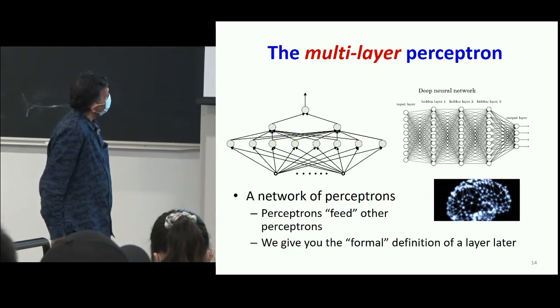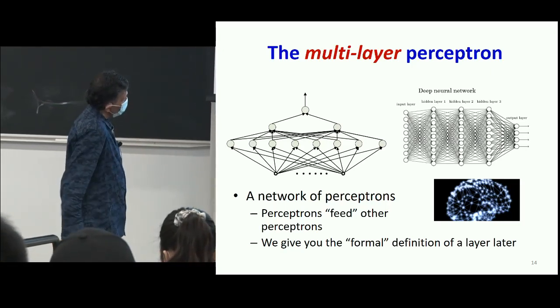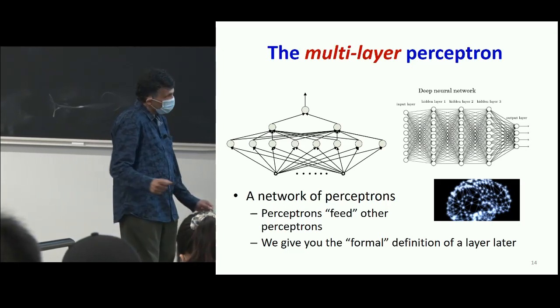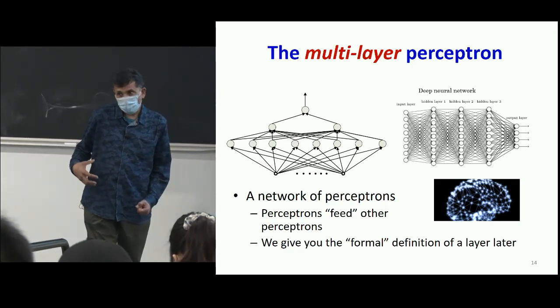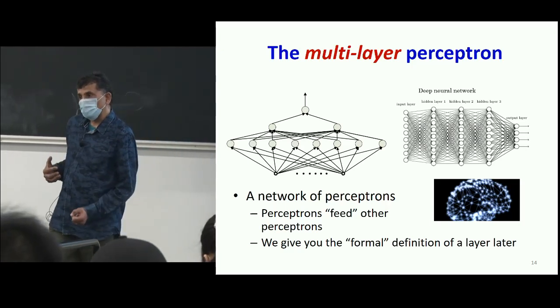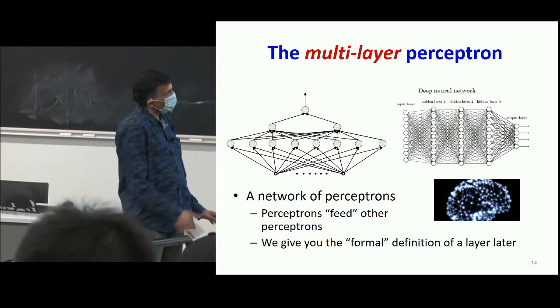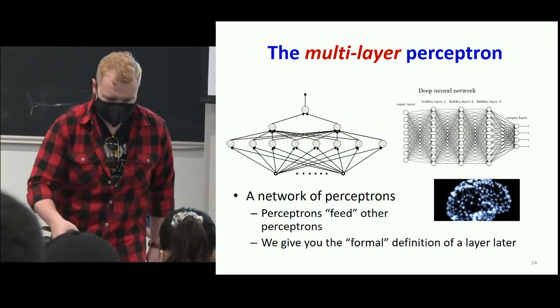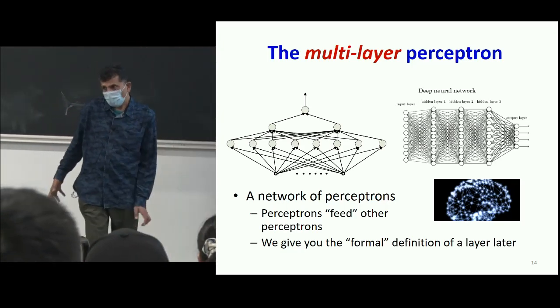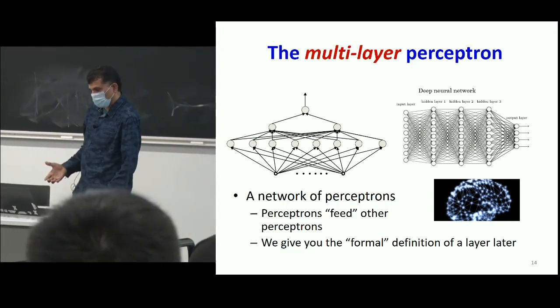So a multi-layer perceptron is a network of perceptrons where perceptrons obtain inputs from other perceptrons, and their outputs go to other perceptrons. So this entire network is a computational unit which takes some input and computes an output.